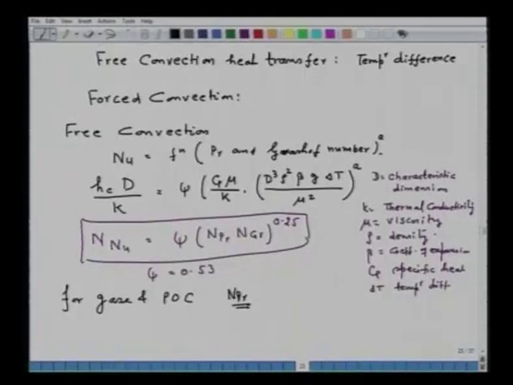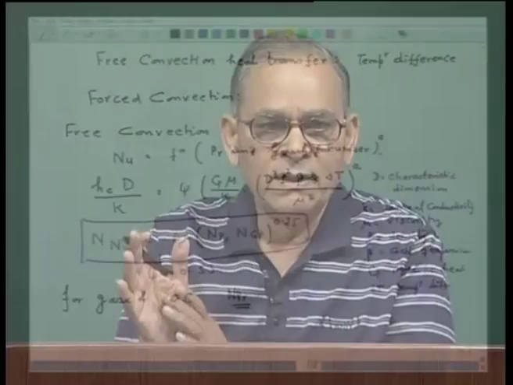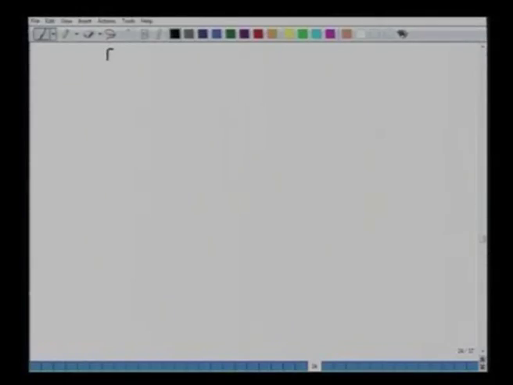If I substitute the other properties like thermal conductivity, viscosity, density, and coefficient of expansion, since air and POC closely relate, I get, for vertical plates, hc = 1.12 (ΔT/D)^0.25.